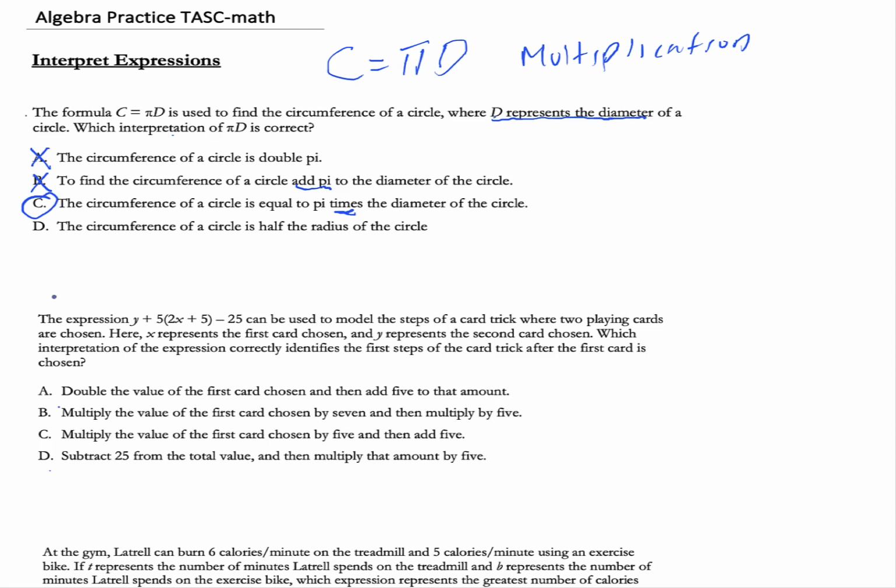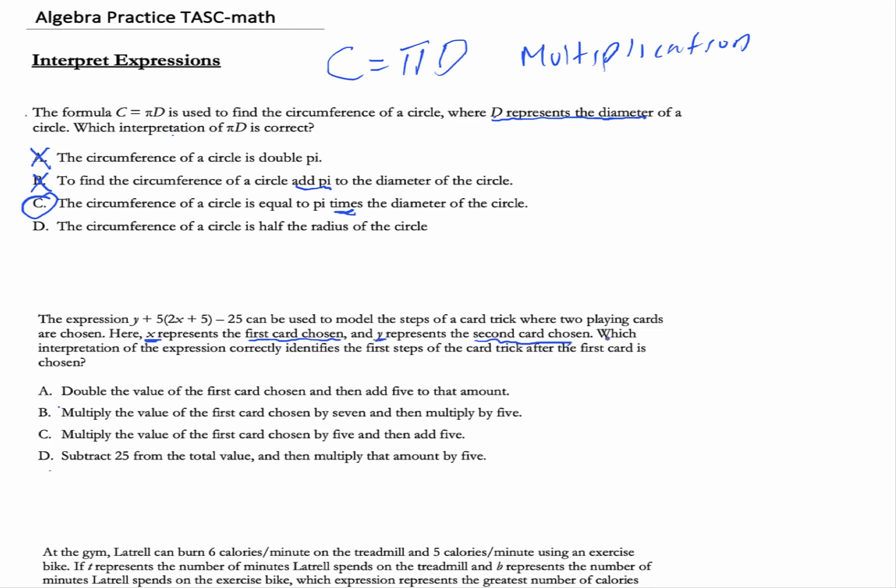The second one, the expression y plus 5, and then in the parentheses, 2x plus 5 minus 25 can be used to model the steps of a card trick where 2 playing cards are chosen. They go on to say here x represents the first card chosen, y represents the second card chosen.